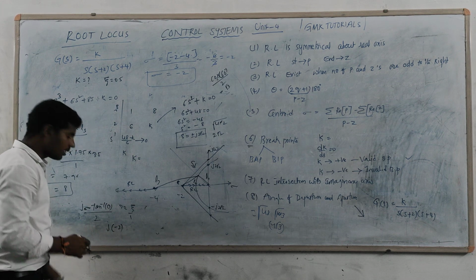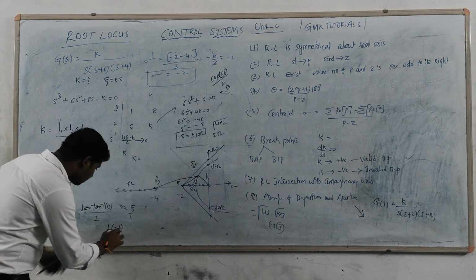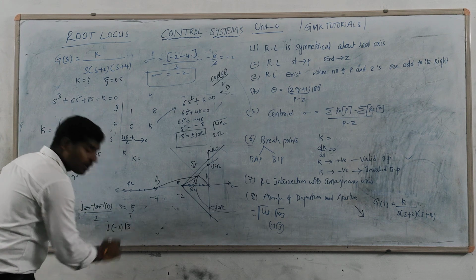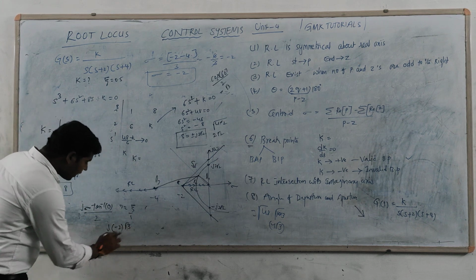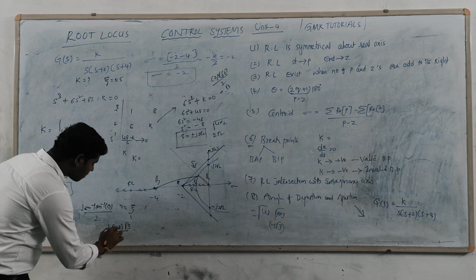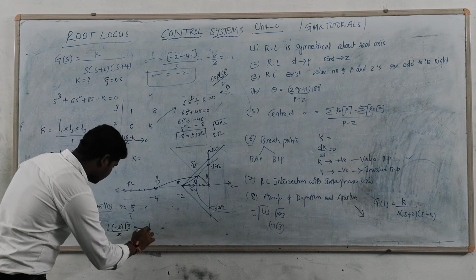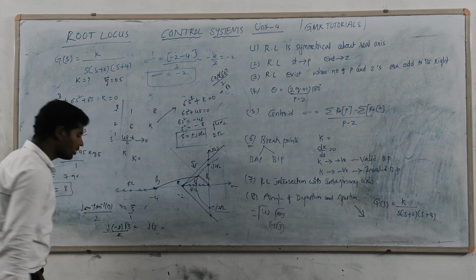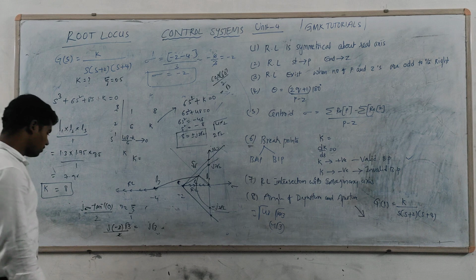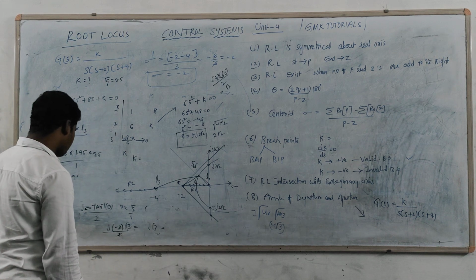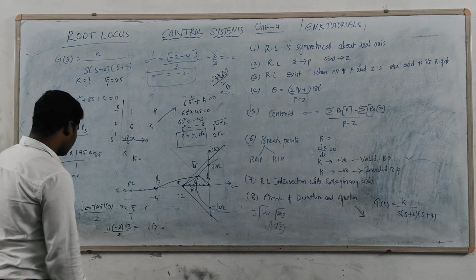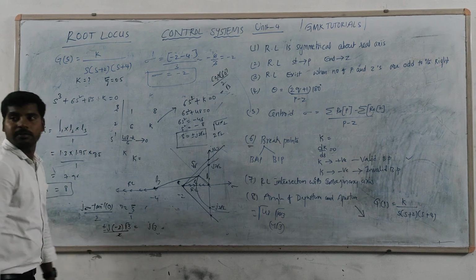Okay, so you will get this one first angle is equal to 60, therefore you will take tan inverse of 60, you will get root 3 divided by 2. So therefore you will get j into root 3, right? So sigma minus root 3 by 2, right? So it may be plus or minus.